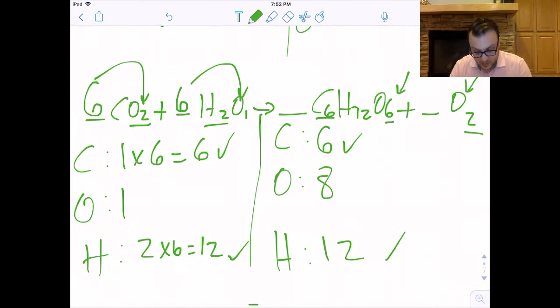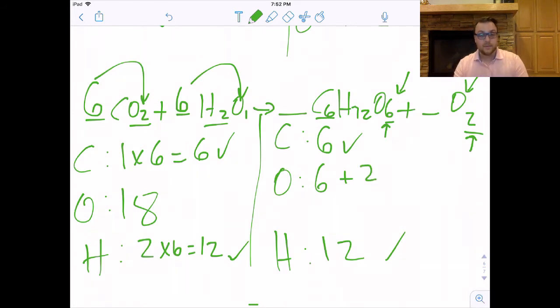So, over here, I have 6 oxygens from this guy, plus the 2 oxygens from that guy. I need to get that to be 18 somehow. So initially you might think nothing times 8 will get me to 18.